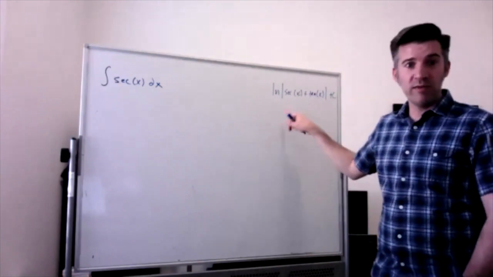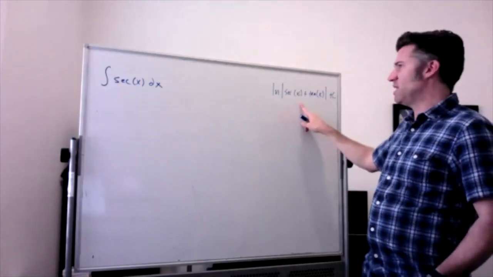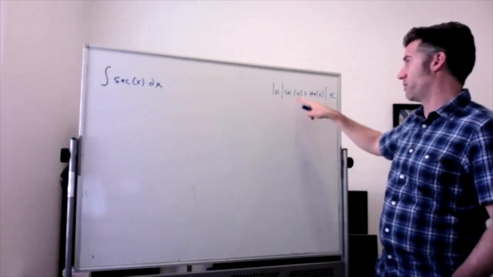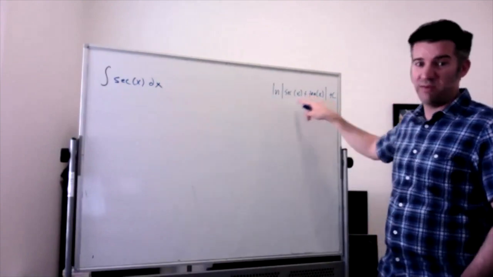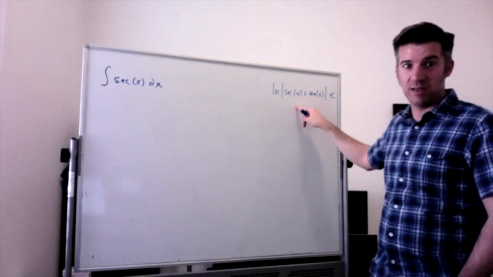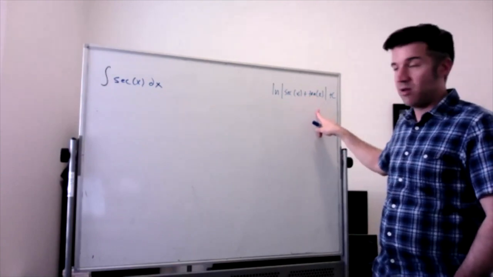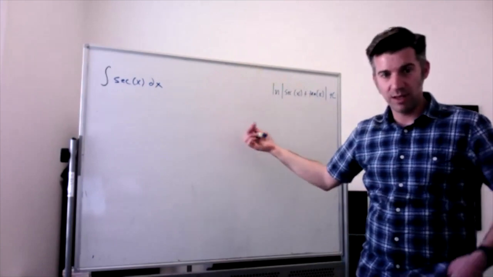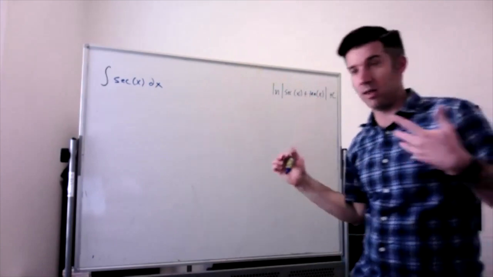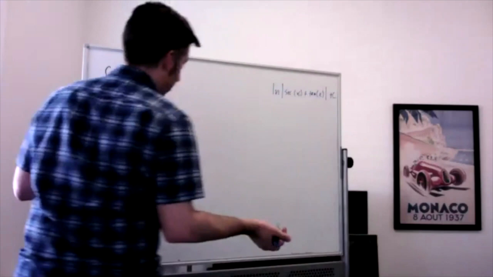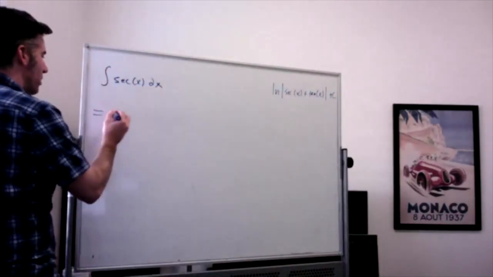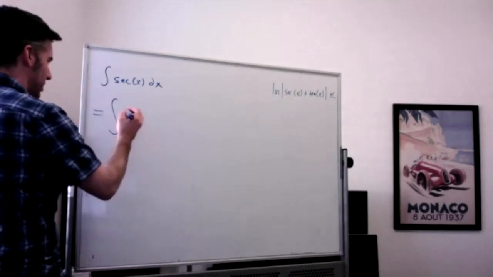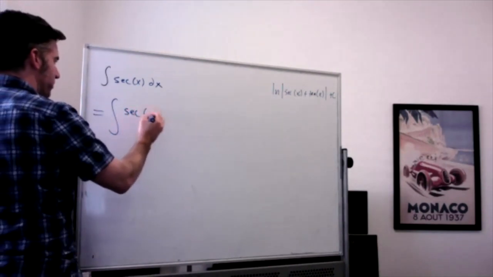And when you take the derivative of this, it doesn't immediately speak to that, right? The derivative of this is 1 over secant plus tangent times the derivative of secant plus tangent, which is secant tangent plus secant squared, which is exactly secant times the quantity secant plus tangent. So the trick they learned after they figured out what the integral was is to multiply the top and the bottom by secant plus tangent. So check this out.